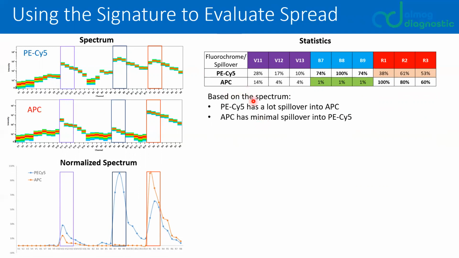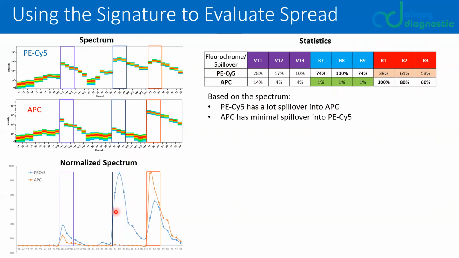You can see here, in conventional flow cytometry, the PerCP-Cy5.5 is being detected by the blue laser, and the APC is being detected by the red laser. But still, when looking at the entire spectrum, we can definitely see the spread or the spillover that PerCP-Cy5.5 has a lot of spillover into the APC.